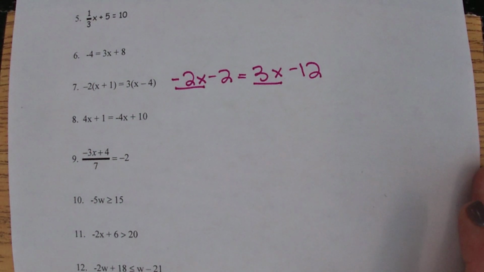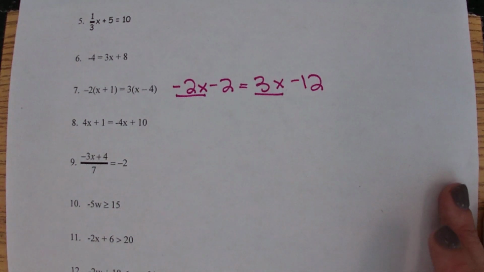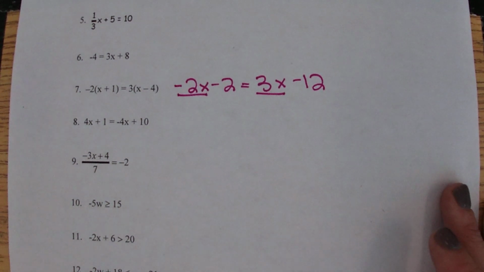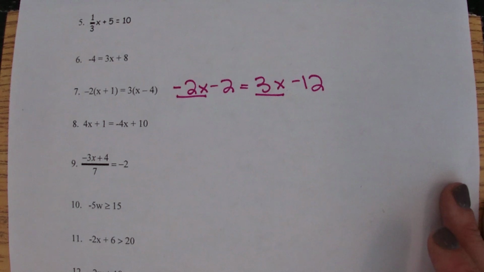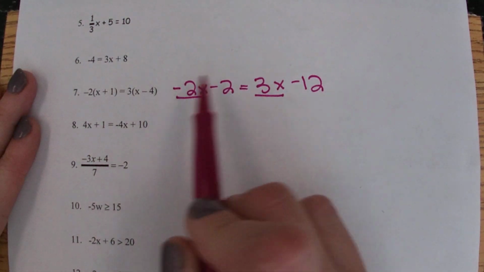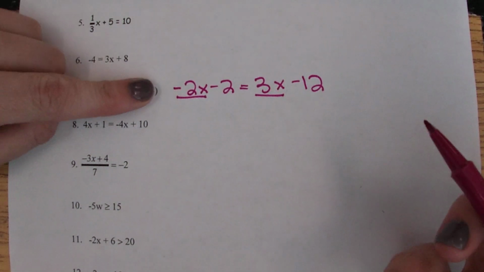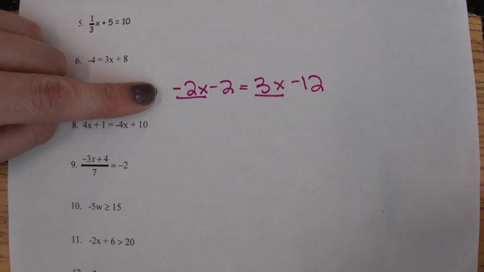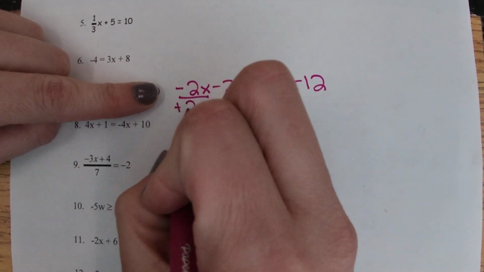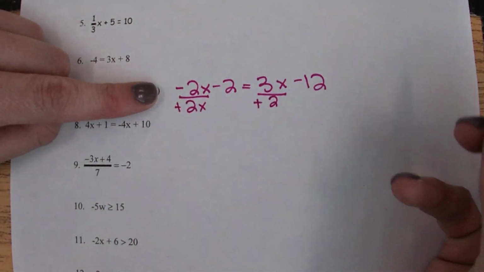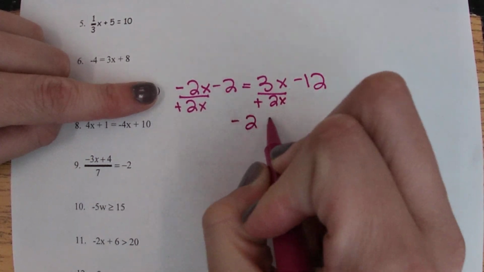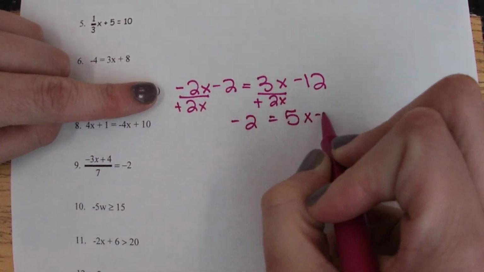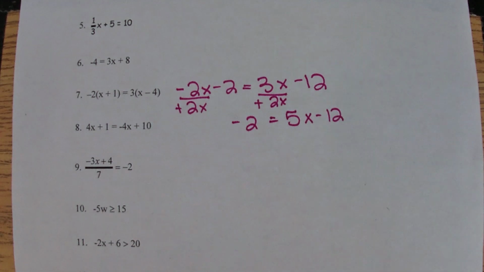When variables are on opposite sides, we want to get them together with the opposite sign. Regardless of whichever one you decide to move, I'm going to move the negative 2x. We need to change the sign, so the opposite of negative 2x will be positive 2x. So we'd have negative 2 equals 5x minus 12, and we would continue solving from there.